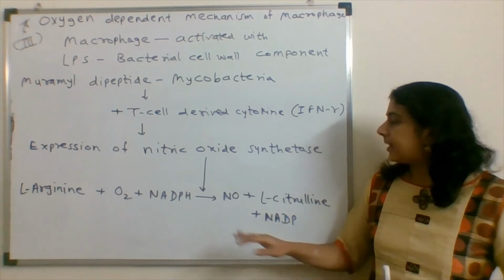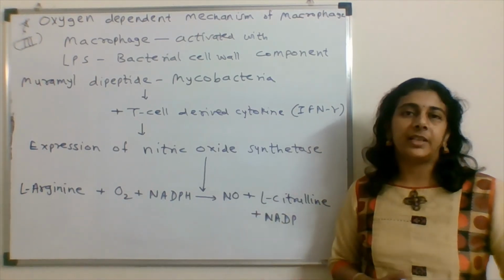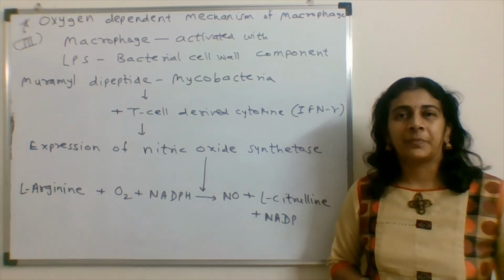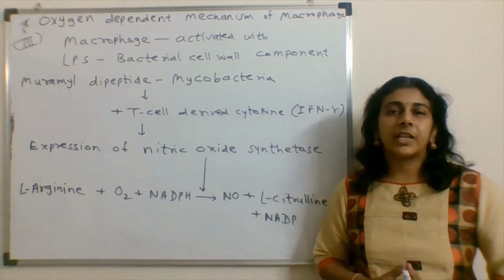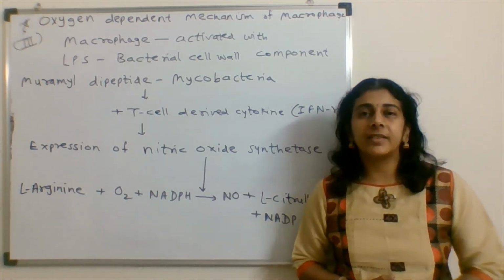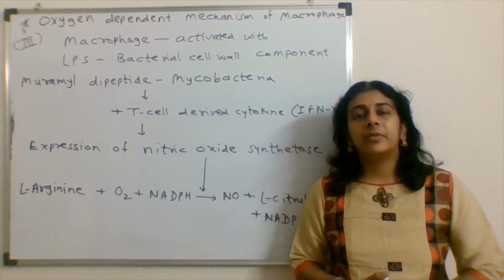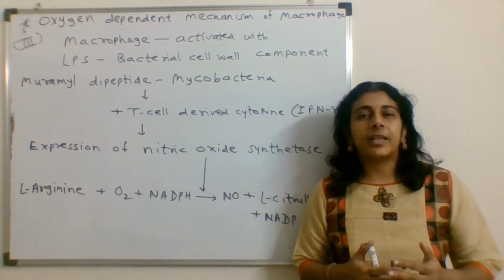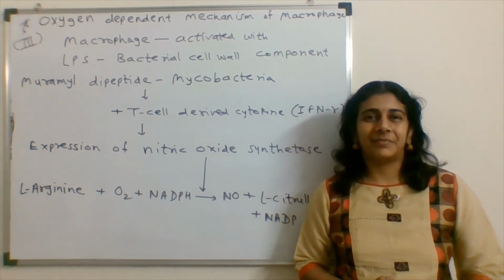Along with nitric oxide, L-citrulline and NADP are formed. This nitric oxide and the superoxide anions formed in the first mechanism we have studied, if these two combine, they have more potent antimicrobial activity.